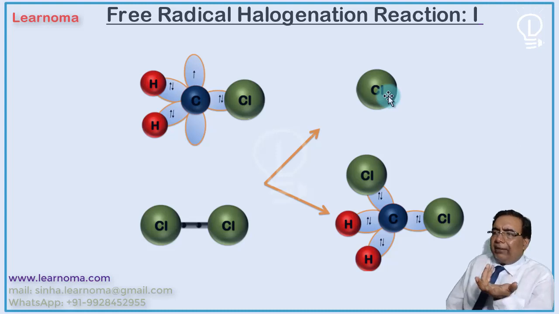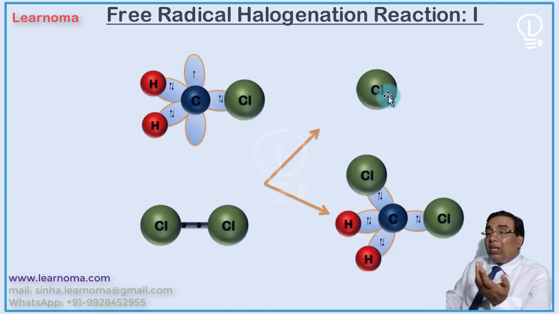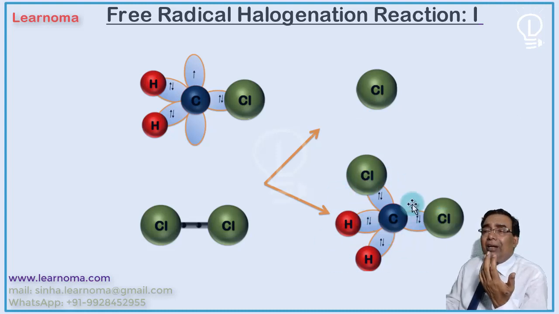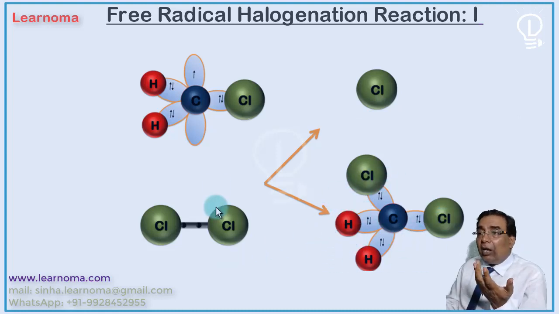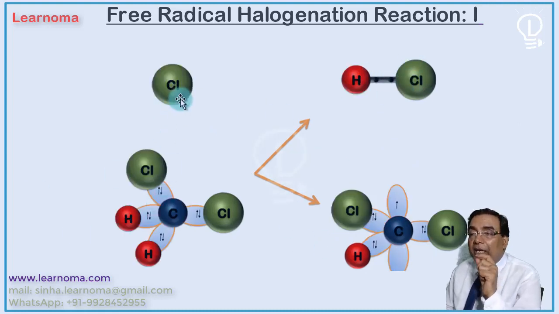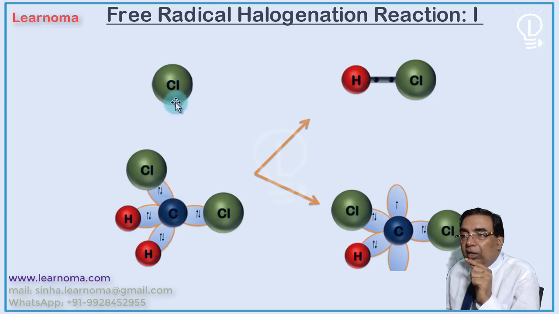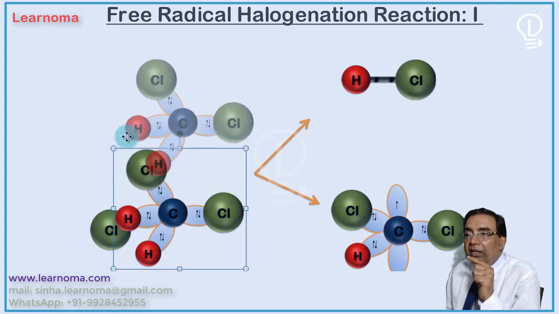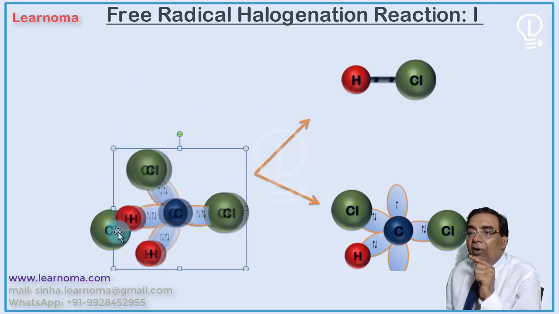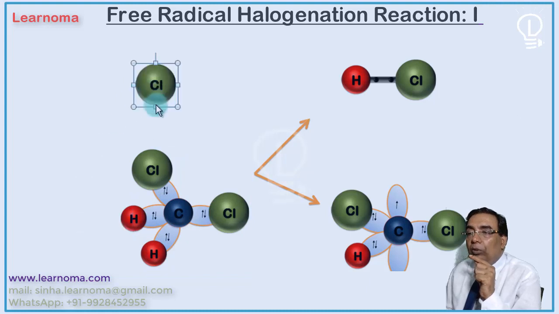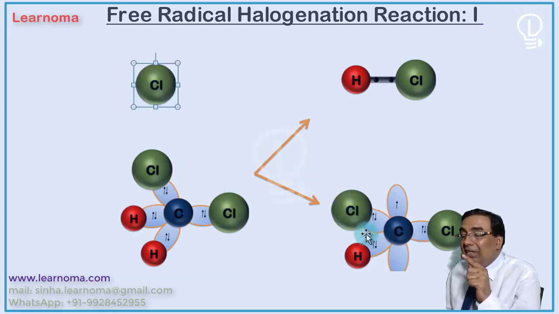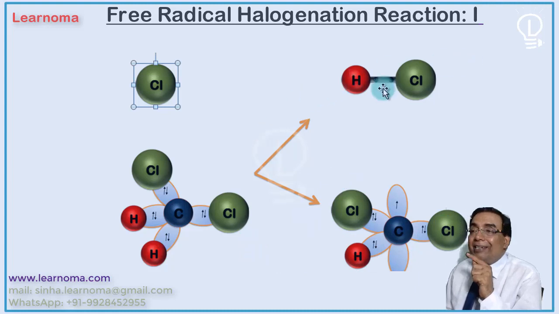Now see here. What is happening further? What happens if this CH3Cl gets exhausted? Then this chlorine radical will work on CH2Cl2. It attacks the CH2Cl2 like this and forms a bond here, and this will result in the formation of CHCl2 radical as well as HCl.